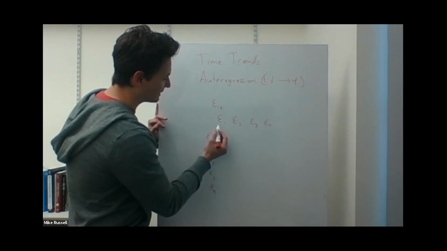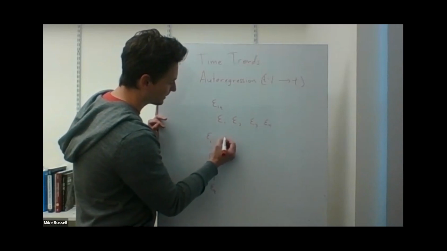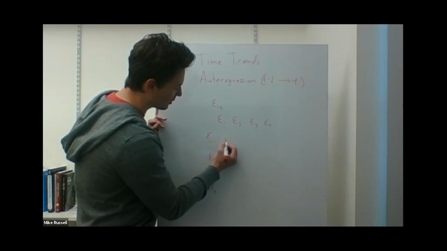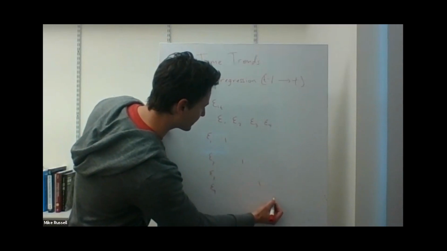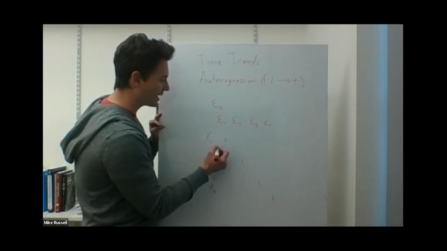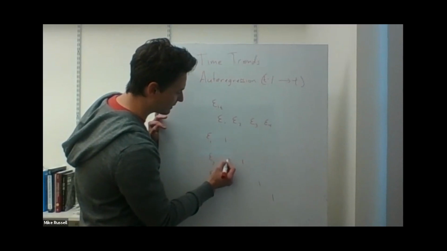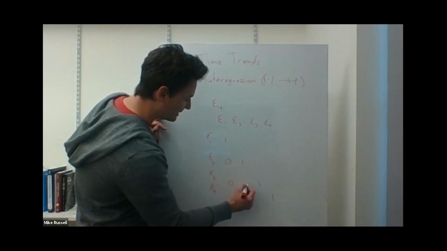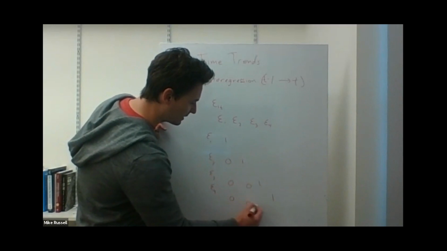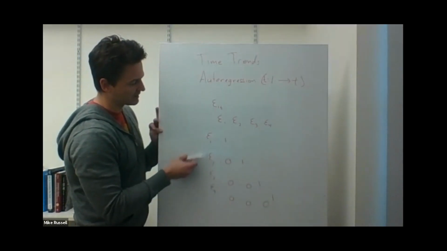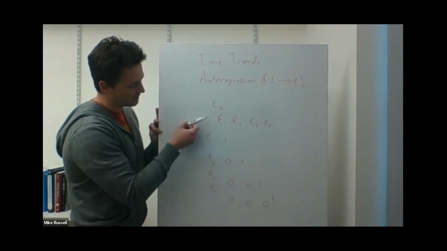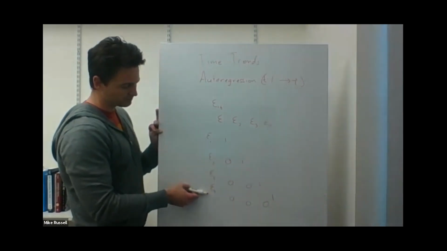This is the within person residual. If we look at the correlation matrix of these, I'm putting ones on the diagonal. Our standard way of dealing with this is to assume that these are independent, so the residual at time one is not correlated with the residual at time two, time three, or time four.